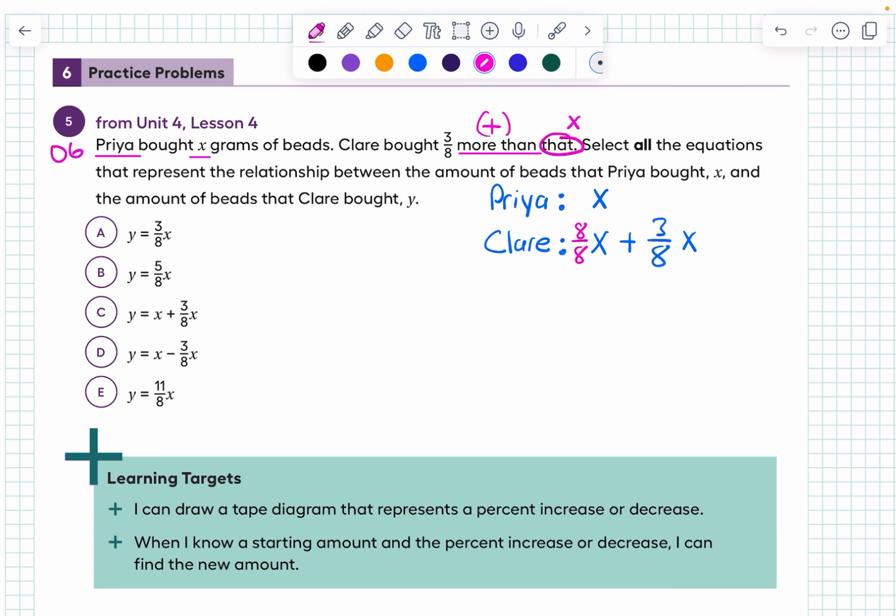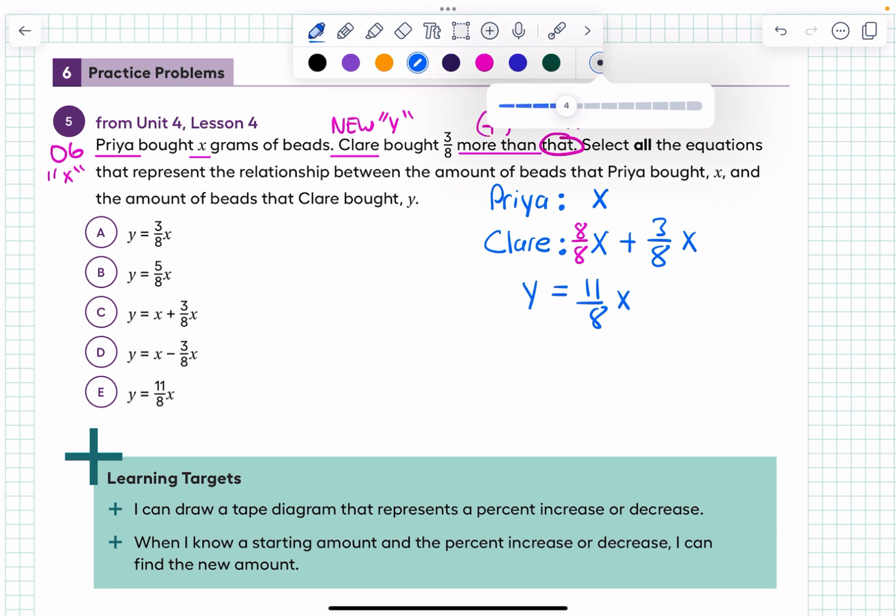So my equation, I want to put this as new. She's the new amount because Claire's amount depends on Priya's amount. Okay? And so Claire, I'm going to replace that with Y equals 8/8 X plus 3/8 X is 11/8 X. So let's find that equation. That's obviously E.